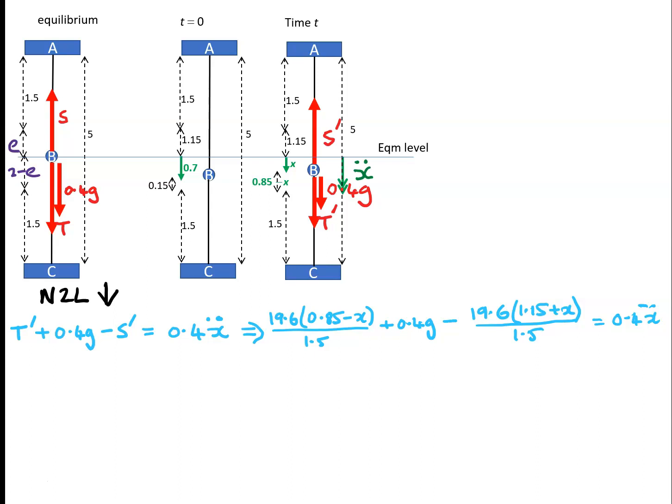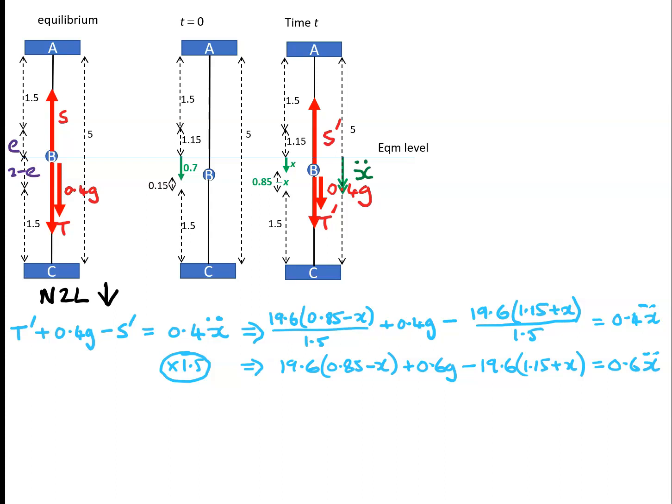So our equation becomes 19.6 times 0.85 minus x divided by 1.5 plus 0.4g minus 19.6 times 1.15 plus x over 1.5 equals 0.4 x double dot. If we times through by 1.5 to clear the fractions, that now gives me 19.6 times 0.85 minus x plus 0.6g minus 19.6 times 1.15 plus x equals 0.6 x double dot.